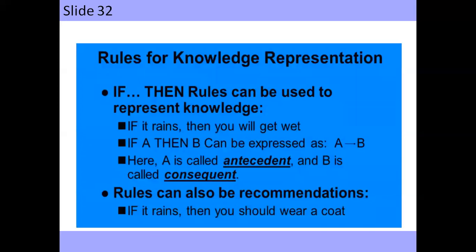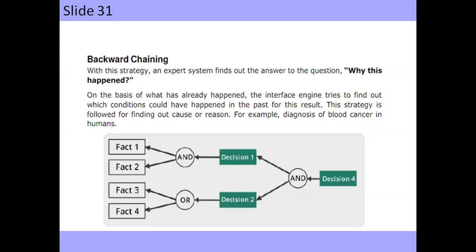Backward chaining works opposite to forward chaining. The strategy is that an expert system finds the answer to the question of why this happened. So it begins from why, to how.